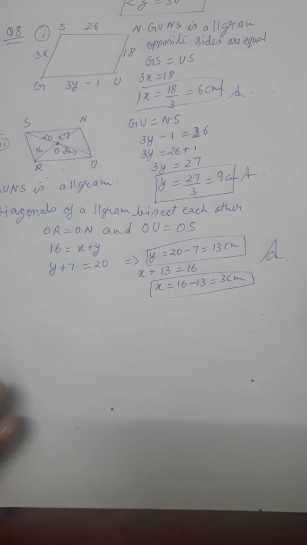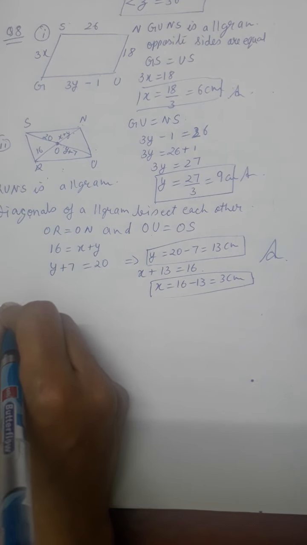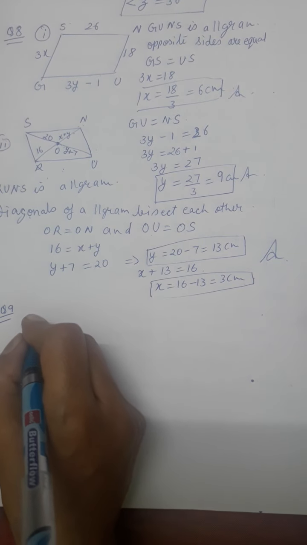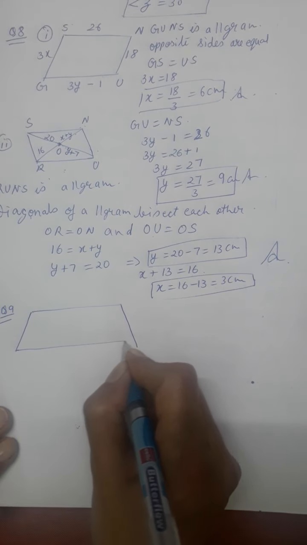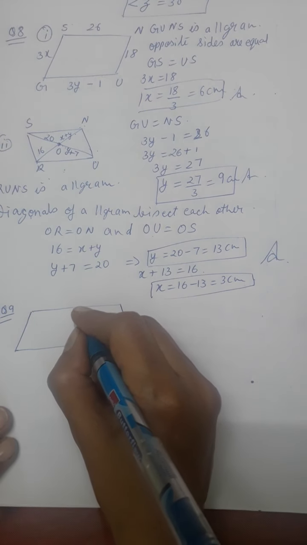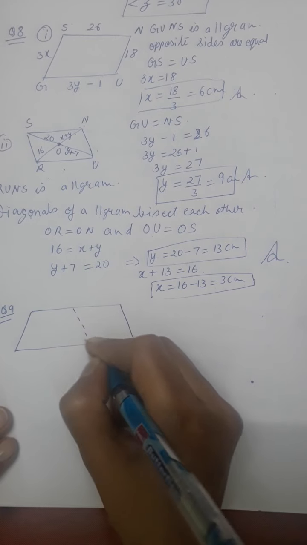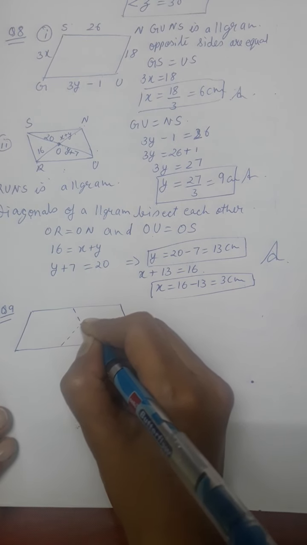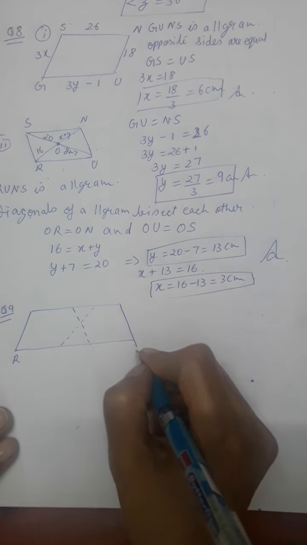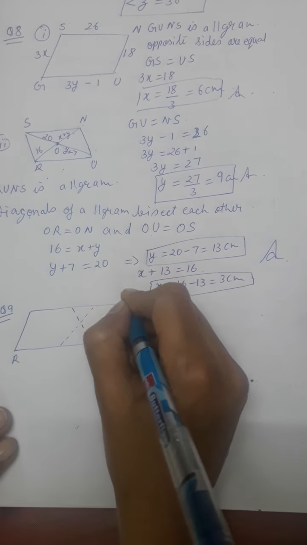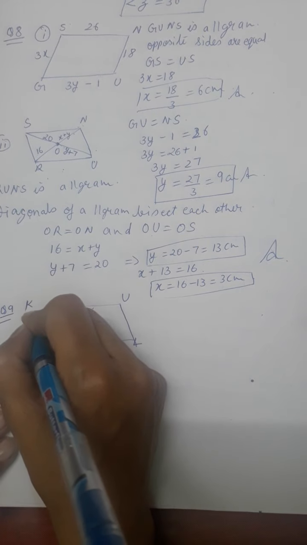Now let us move to question number 9. In this figure, one bigger quadrilateral is given, RLUK.